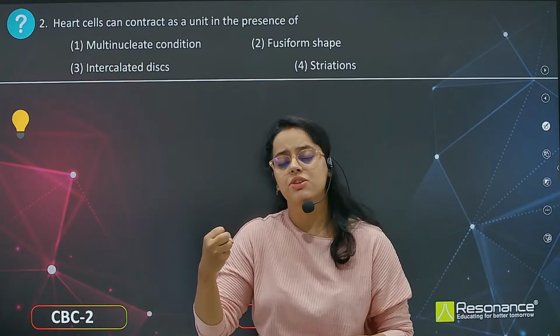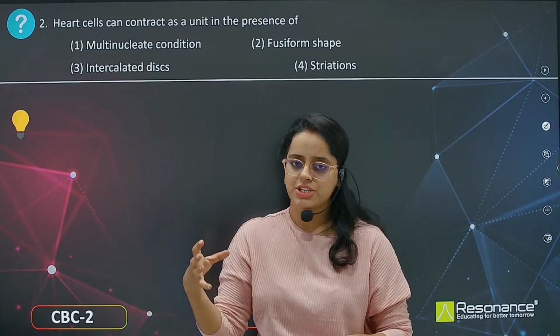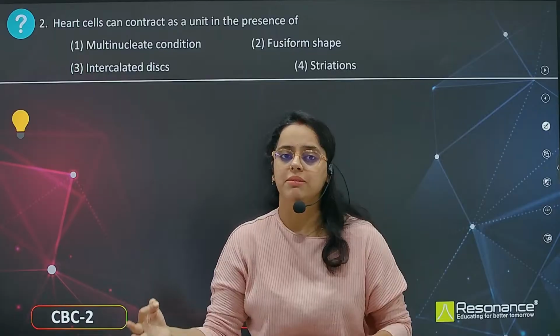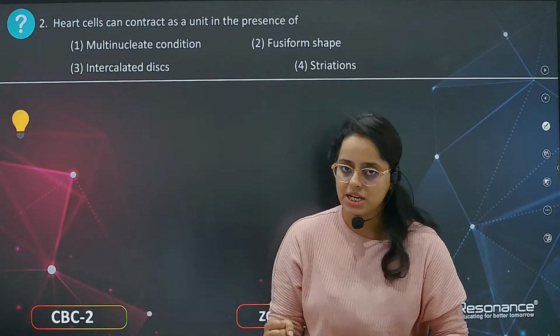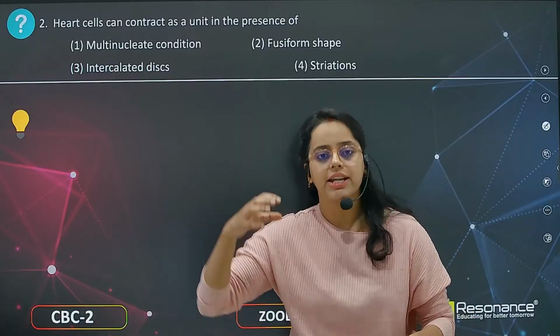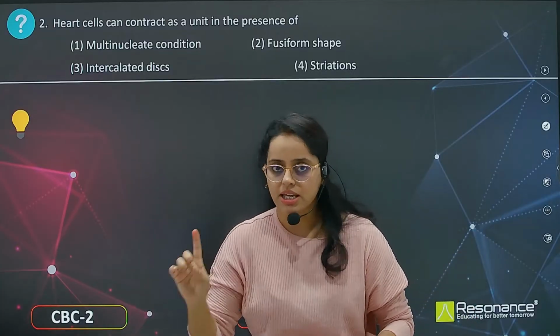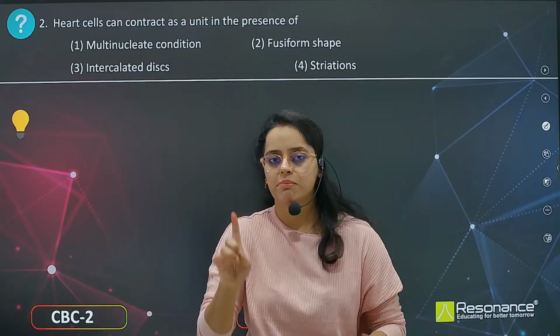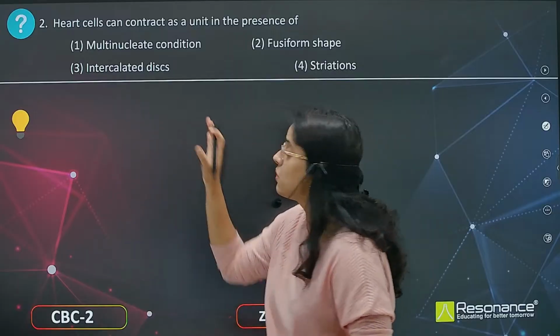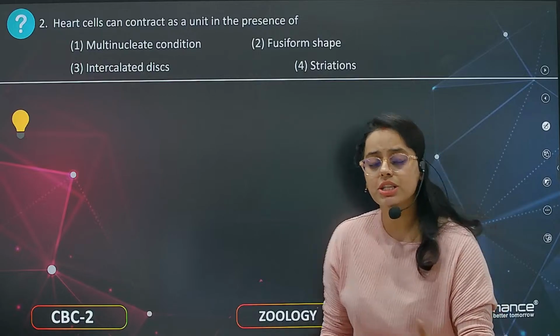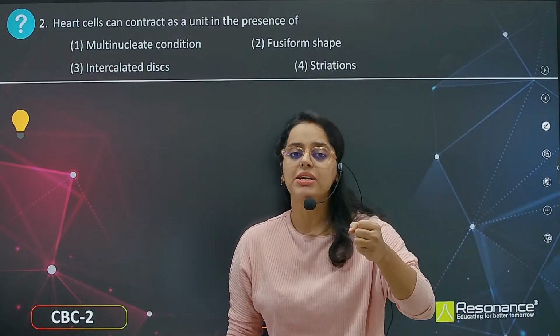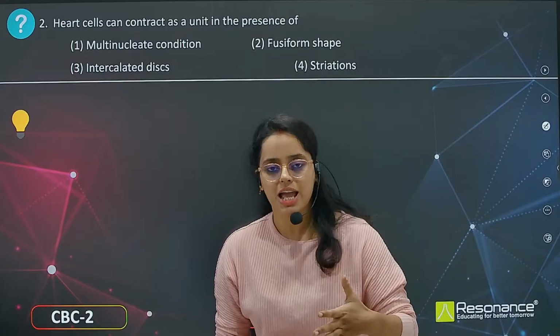All the muscles of the heart undergo the relaxation process at the same time. This is very important. For pumping of blood, the heart has to contract and relax at the same time. So this is a very important point that you have to remember. So how does this contraction occur? What is the structure that is causing the simultaneous contraction and simultaneous relaxation?